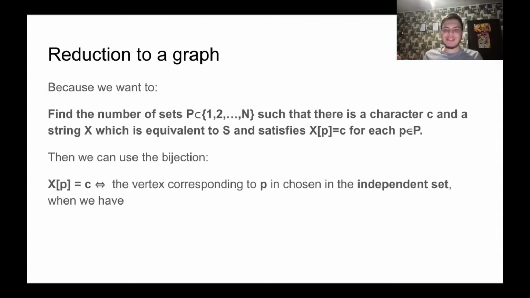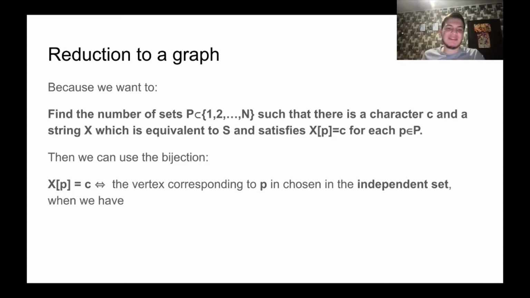So in other words, if we go back to our problem, we won't have an edge between two vertices in our set. And basically the edges are the problem, because in our problem the edges represent two vertices that can't have the same letter assigned to them. So yeah, the bijection is pretty clear here.